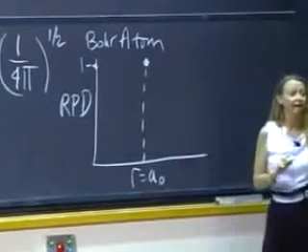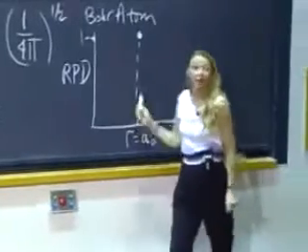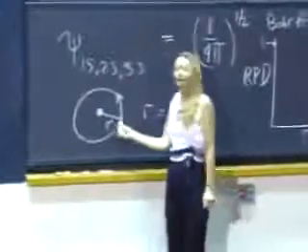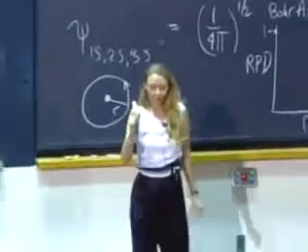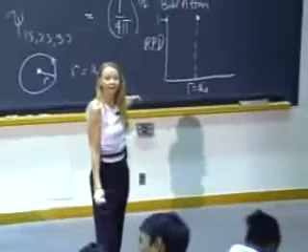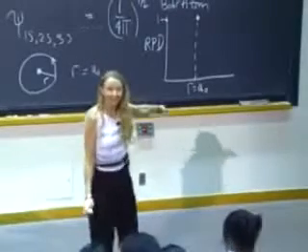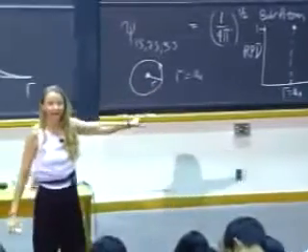Okay? In Bohr's model, the electron had a well-defined, precise orbit. The value of R at which it went around the nucleus was given by A naught. He knew exactly where the electron was in his model.